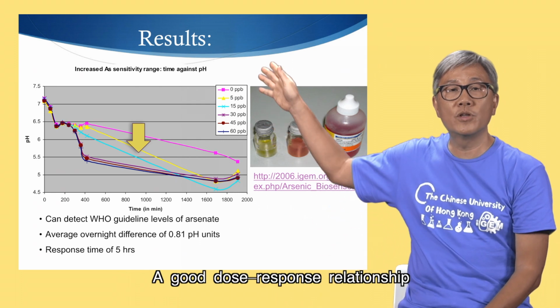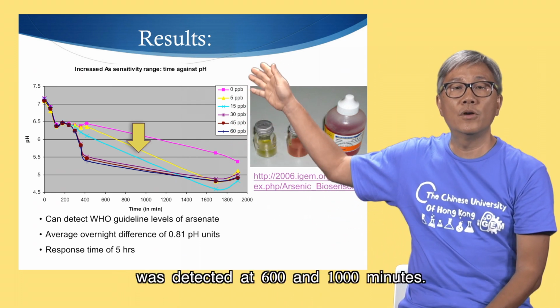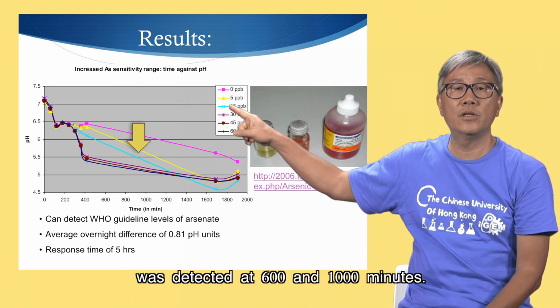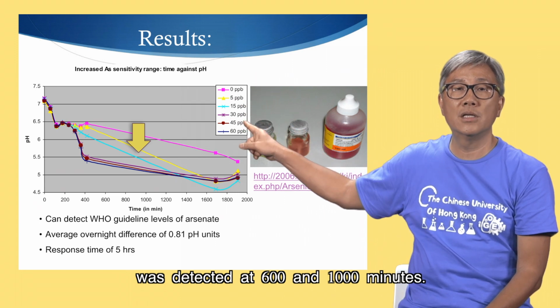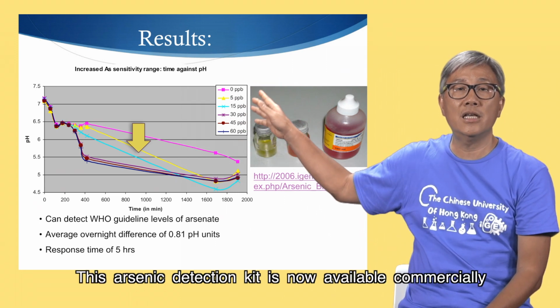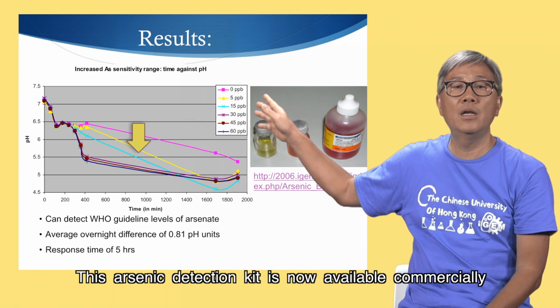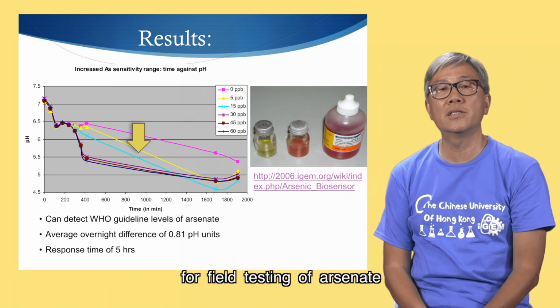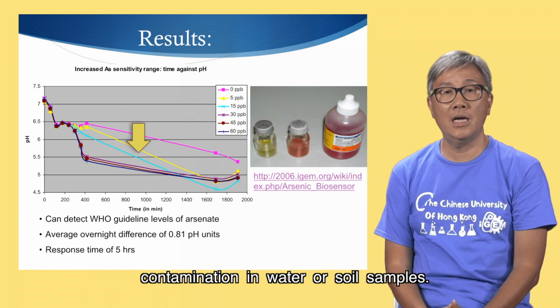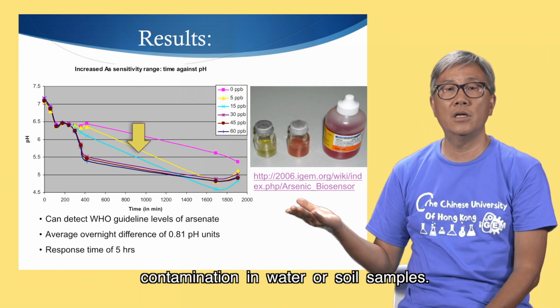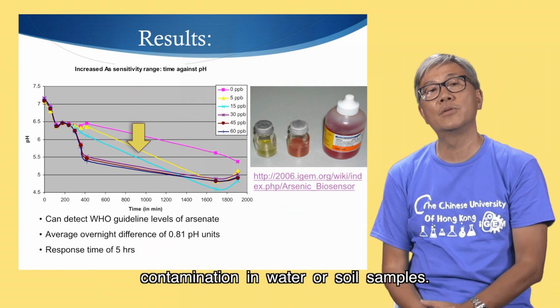A good dose-response relationship was detected at 600 and 1000 minutes, and this arsenic detection kit is now available commercially for field testing of arsenic contamination in water or soil samples.